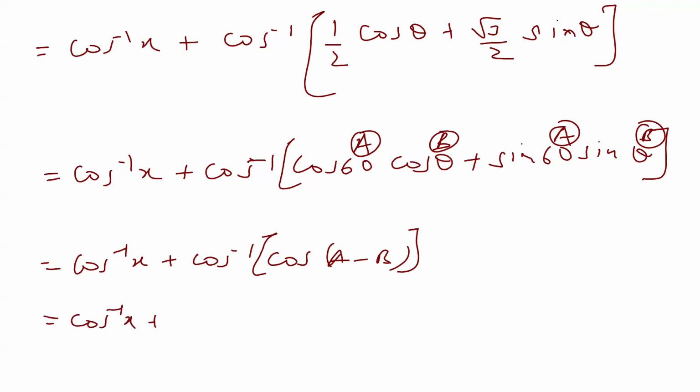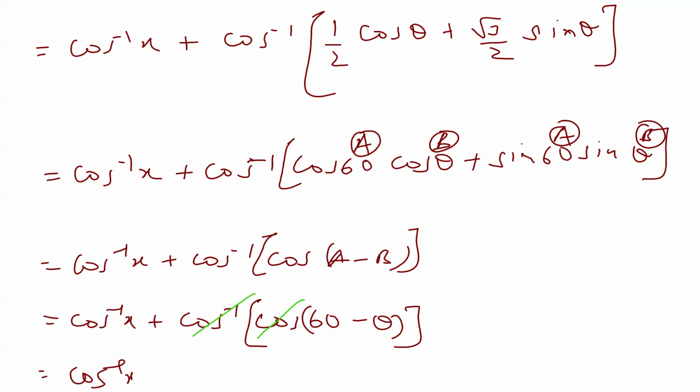So cos inverse of cos of A minus B. What is A? A is 60, B is theta. So cos 60 minus theta. So cos inverse and cos are getting cancelled. So cos inverse of x plus 60 degree minus theta.